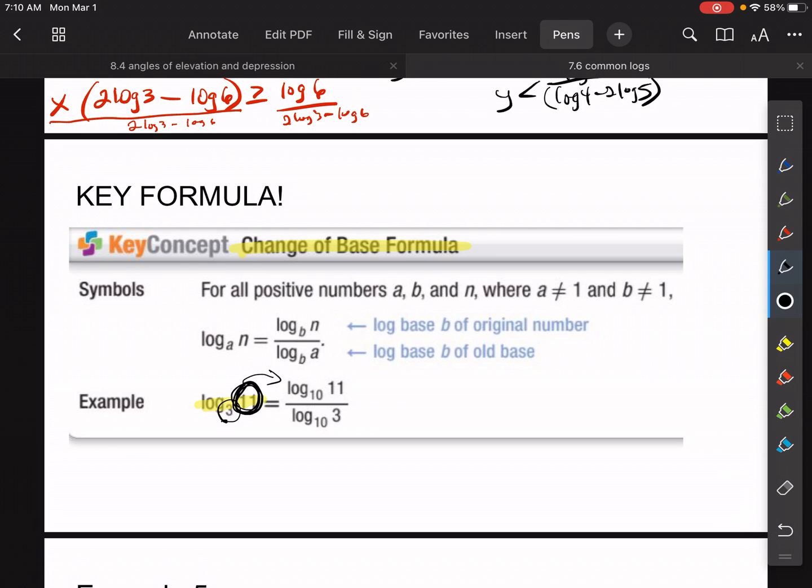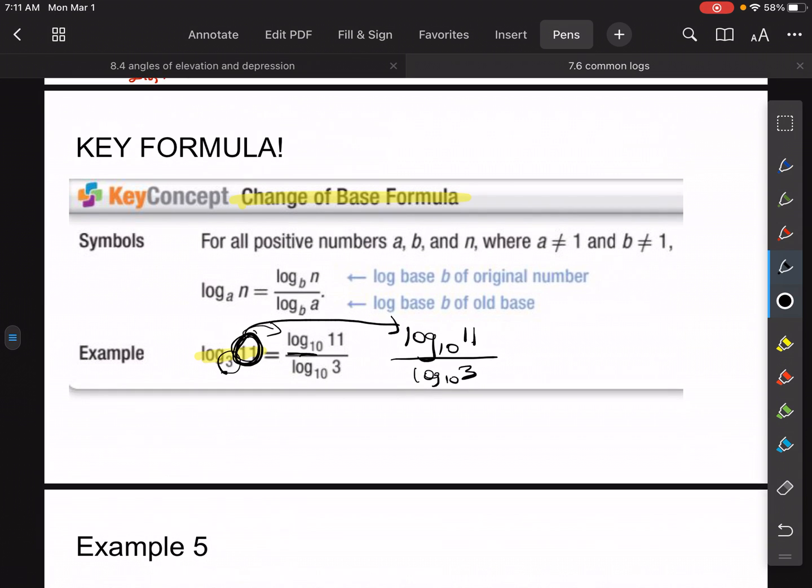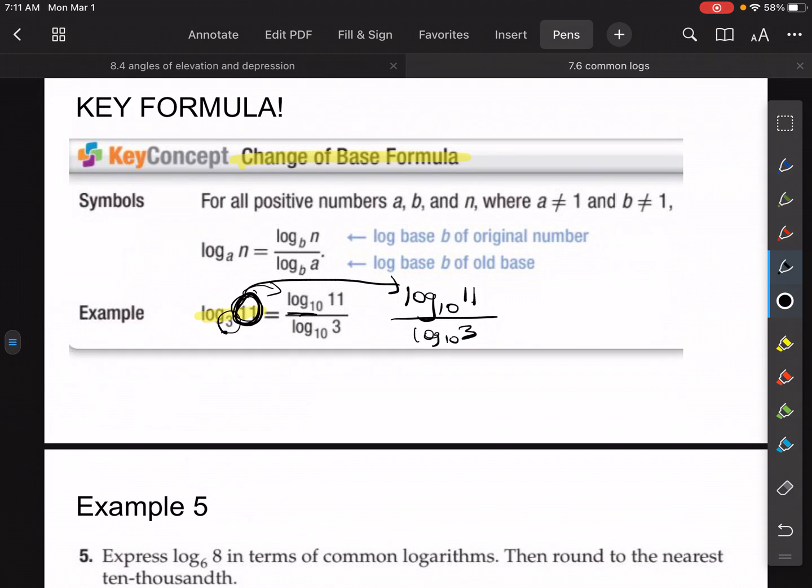It can be whatever logarithm you want, but log base 10 is usually what we use because that's on our calculators. So log base 10 of 11 comes from this piece divided by log base 10 of 3. So that's called the change of base formula, and it's very, very important just to relate everything to a common logarithm of base 10.